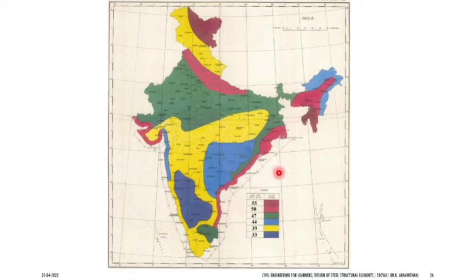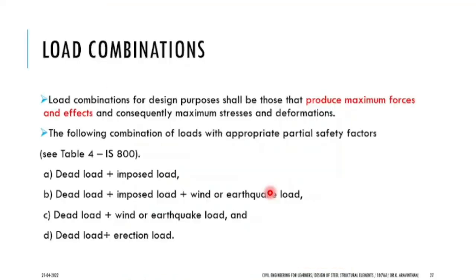So if you are constructing there, what should be your maximum wind? 55 meter per second. You have to consider 55 meter per second and start proceeding with your design. Okay, the yellow parts are next safer than that. Likewise, you can go through this map and you have to design your structure.